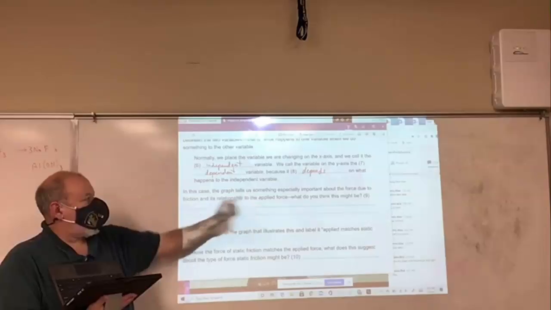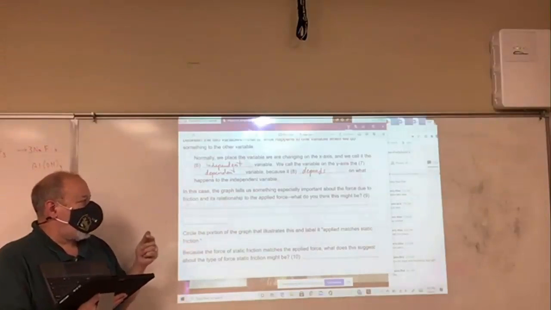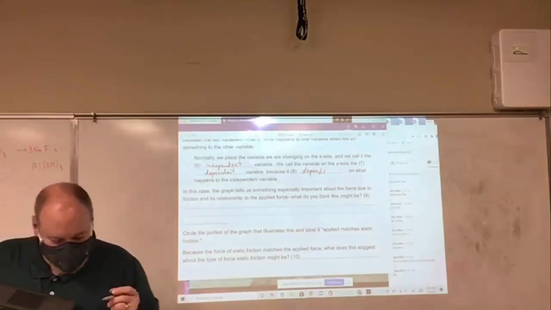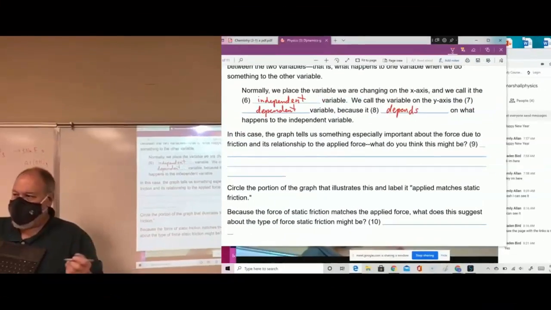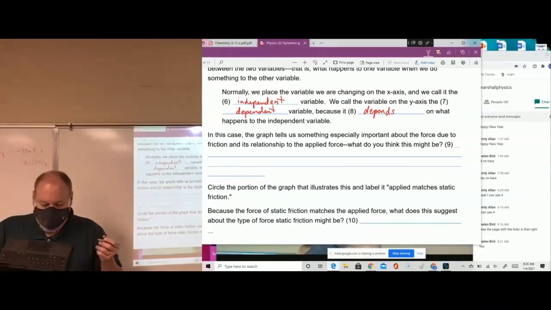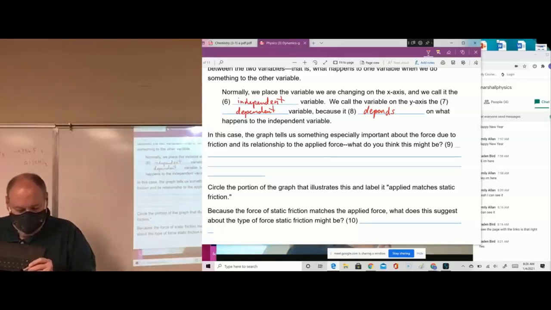In this case, the graph tells us something especially important about the force due to friction and its relationship to the applied force. What do you think this might be? What's that relationship? We just said it already. And I'm going to write down here what I want you to say.